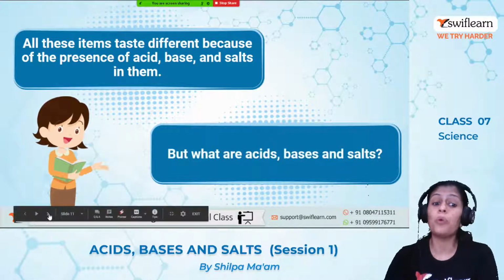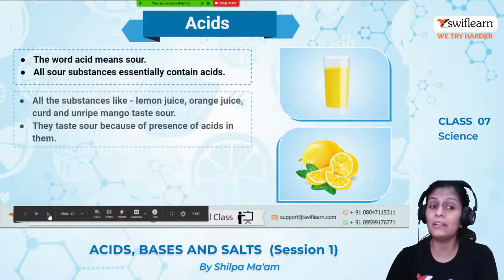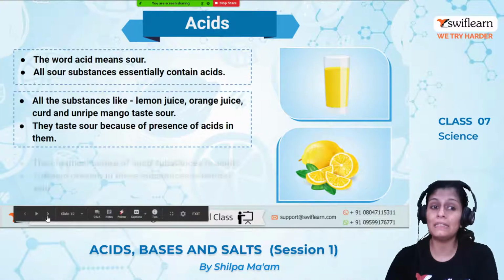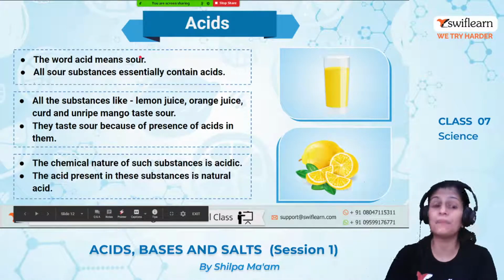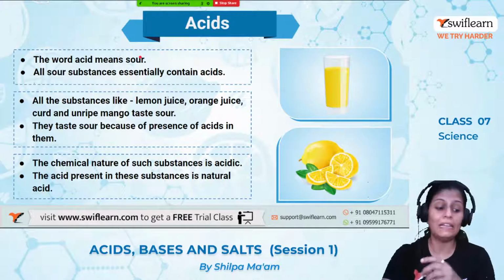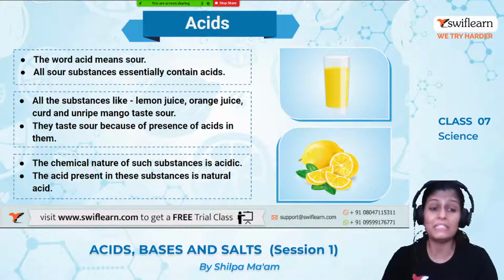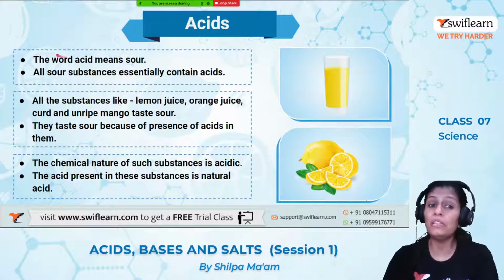Now, but what are these acids, bases and salts? Acids are what? The word acid means sour. That means khatta. It is very sour in taste. We say that lemon is sour in taste, or we can say that pineapple sometimes tastes sour. So all the sour substances essentially contain acids.